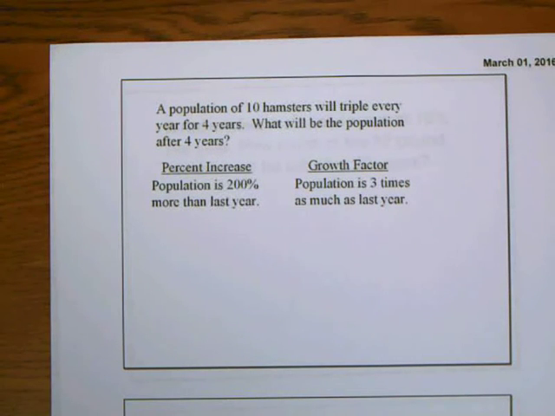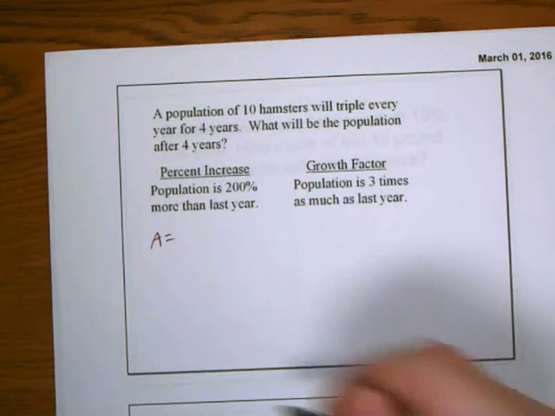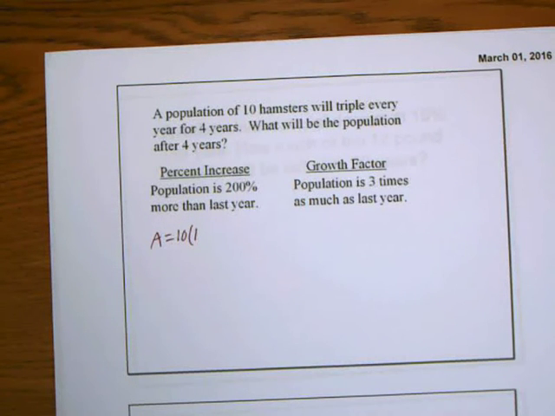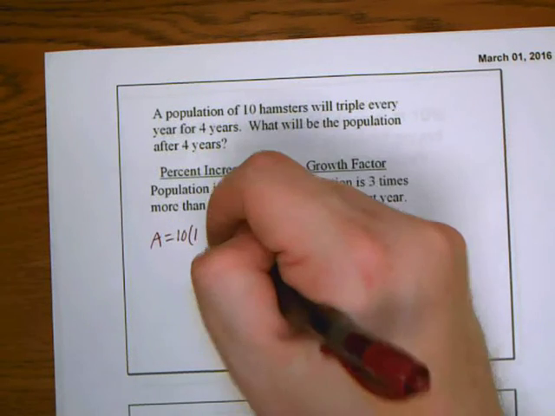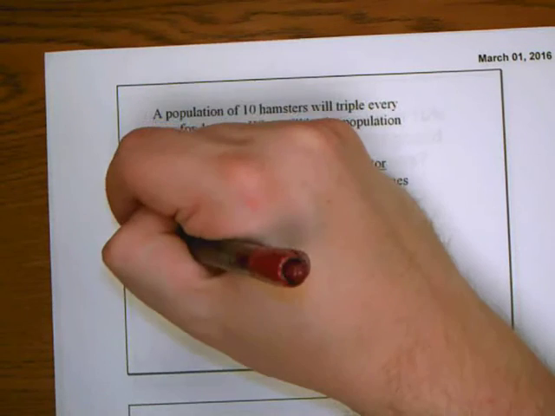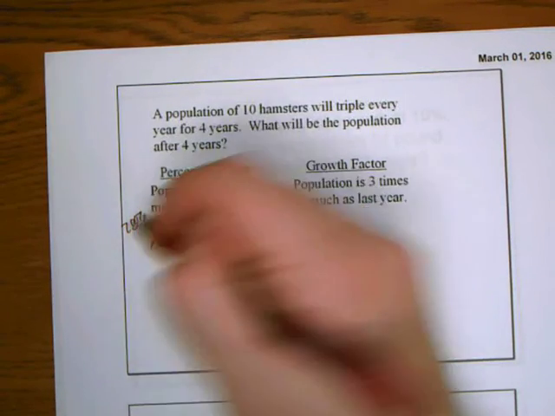So there are 2 ways we can look at this. One is percent increase. Population is 200% more than last year. The reason this works like this, remember our initial was 10. We start out with a 1, and then we add our r. In this case, our r would be 200%.